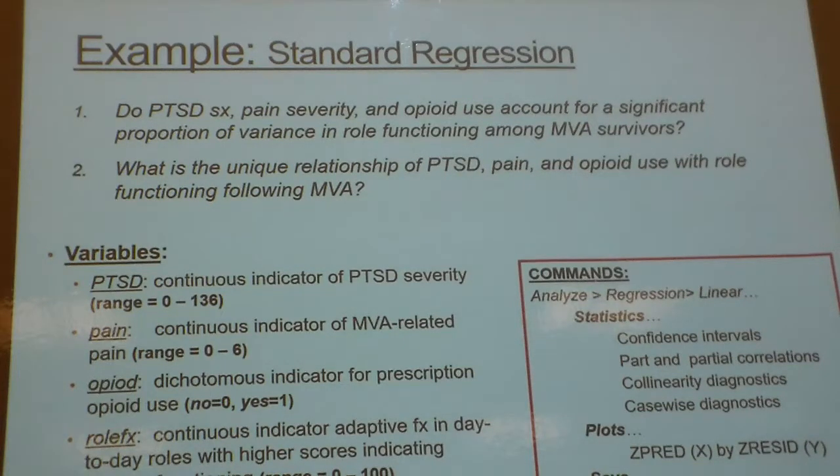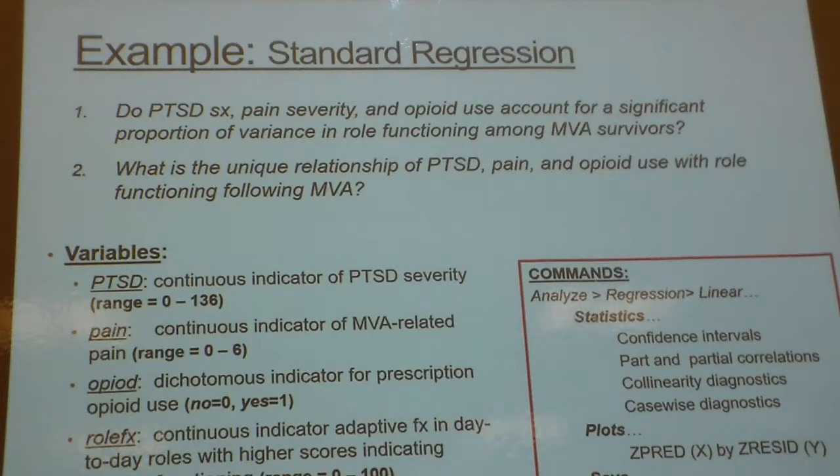The best linear combination of PTSD, pain severity, and opiate use accounts for reliable variability in my outcome, and again, about 38% based on R squared. And then what is the unique relation of PTSD, pain, and opiate use with role functioning following a motor vehicle accident? Well, it looks like both PTSD and pain hold a unique relation with role functioning as our outcome. Opiate use didn't show up as having a reliable association there.